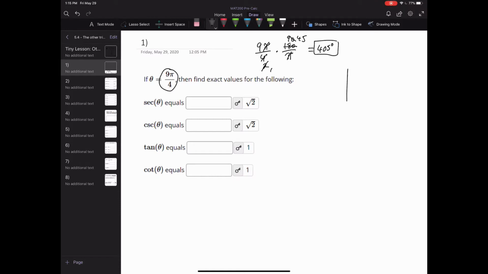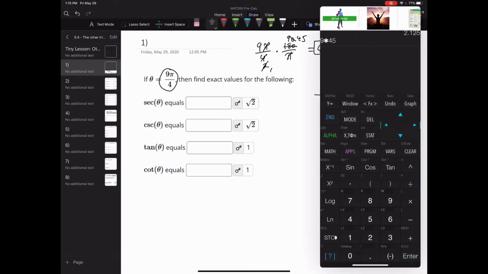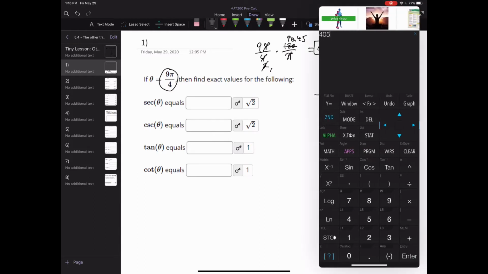So let's figure out where 405 degrees lies on this unit circle. Well, I shouldn't say unit circle, but on the coordinate plane. So if we subtract a full revolution from it, we're going to subtract 360. That is 405, right? Yep.